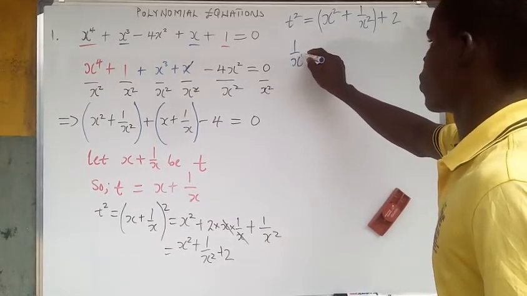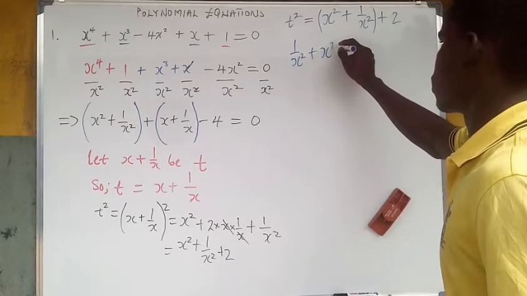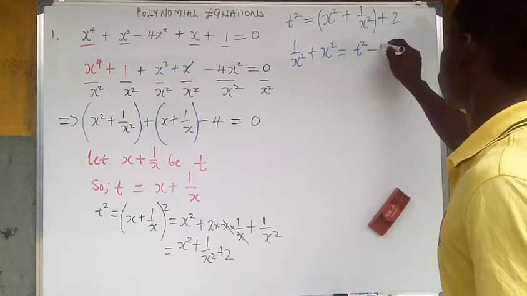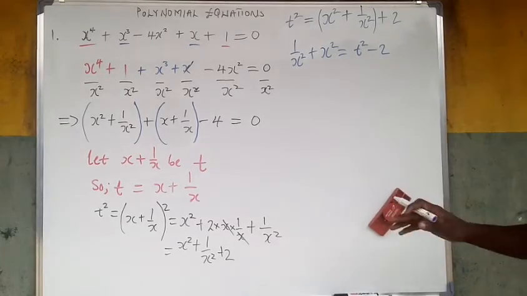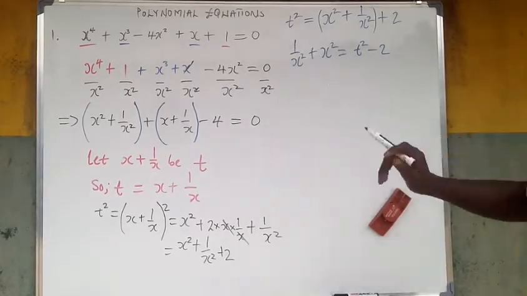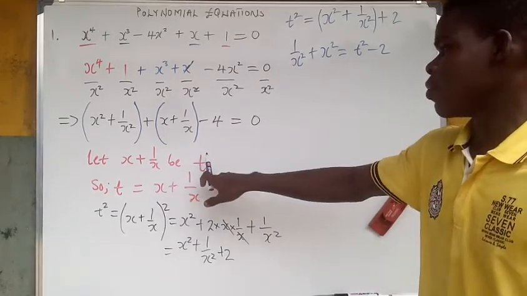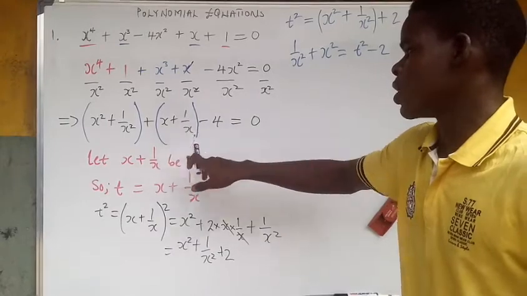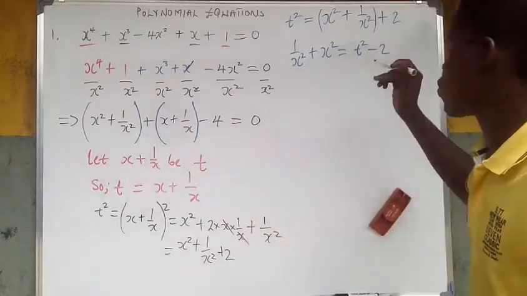It is equal to t squared minus 2. That's the value for this. So if we let t be this, then this will be t squared minus 2.